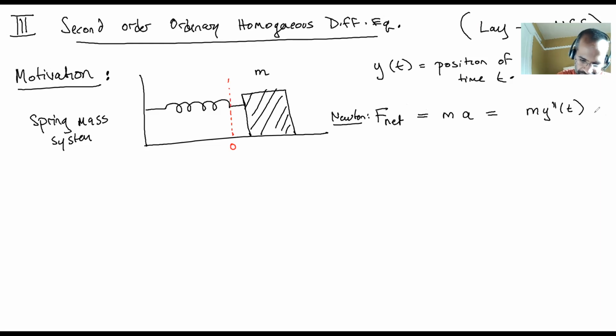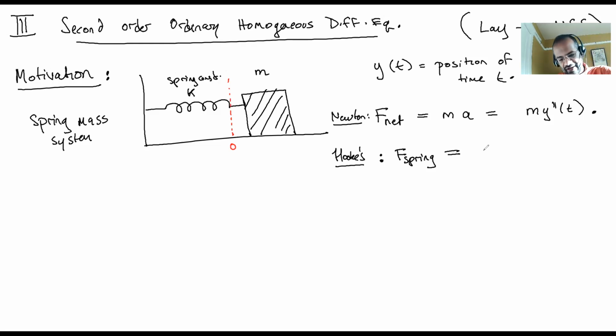That's one equation. Then there's Hooke's law, which says that there's a restoring force from the spring. The spring has some spring constant k, and the spring is trying to bring the block back to equilibrium. So it's going to exert a force that's proportional to the displacement, in the opposite direction.